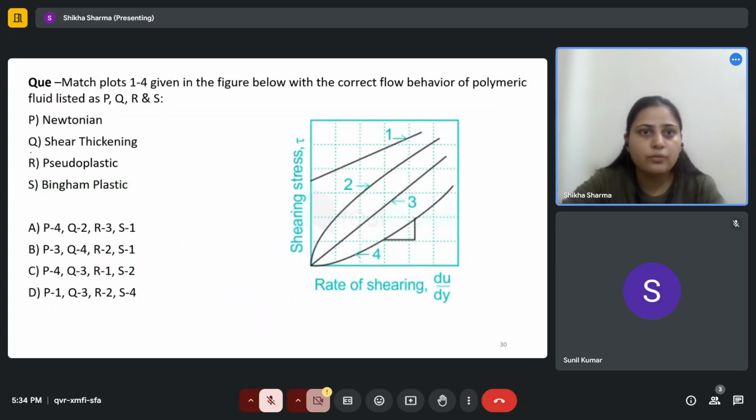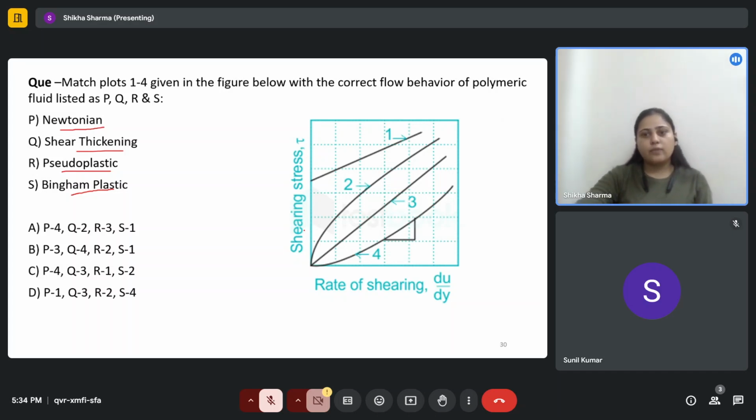Match plots 1 to 4 given in the figure below with the correct flow behavior of polymeric fluid listed as PQRS. P is Newtonian, Q shear thickening, R pseudoplastic, S Bingham plastic. In these plots, the x-axis is the stress and the y-axis is the rate of shear.